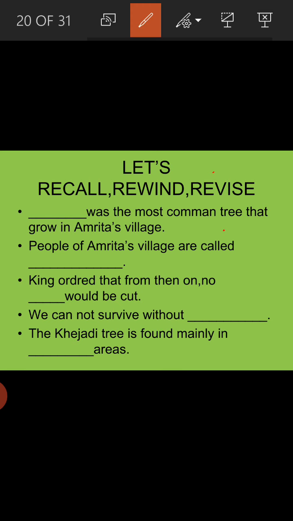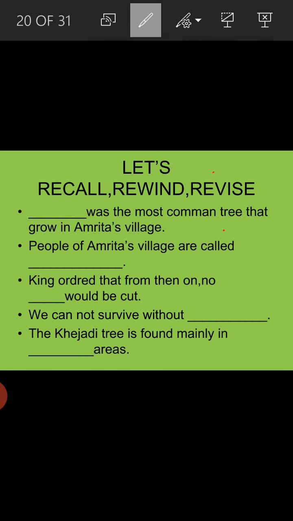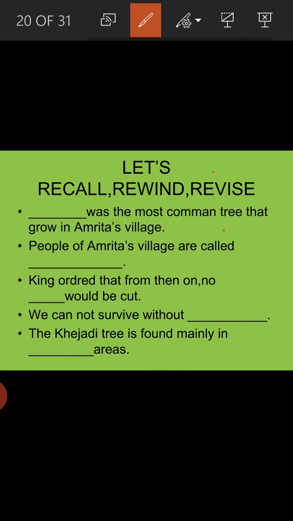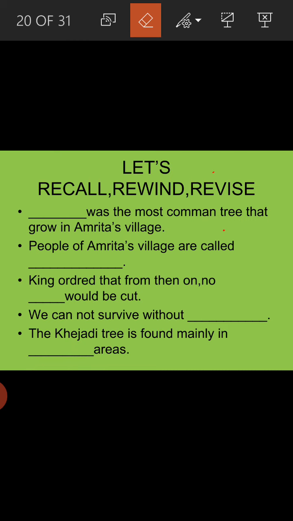Read the question again and again. Try to find out what question is being asked. And the last is the Khejri tree is found mainly in desert area. Absolutely right. In the desert area you can find it, because there it can grow easily without much water.